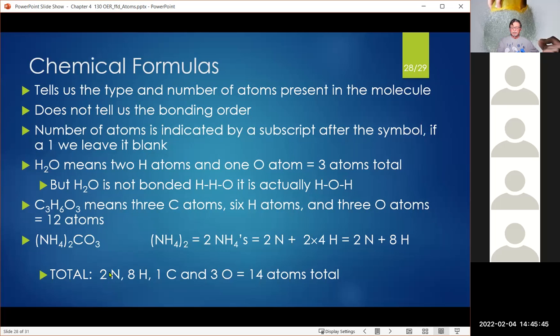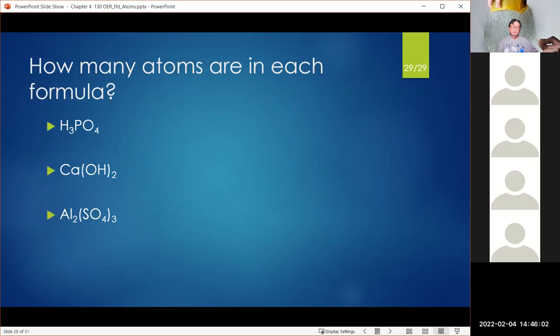That means we got a total of 14 atoms. There are 2 nitrogens, 8 hydrogens, 1 carbon, and 3 oxygens. Okay. That, by the way, this structure example is called ammonium carbonate. Ammonium carbonate. All right, here's a few more. This one is H3PO4, also known as phosphoric acid.